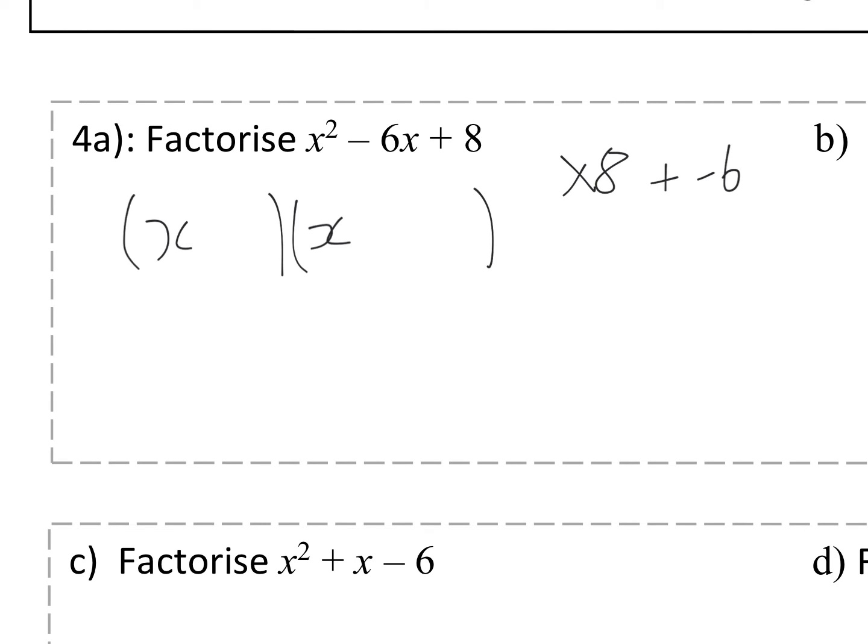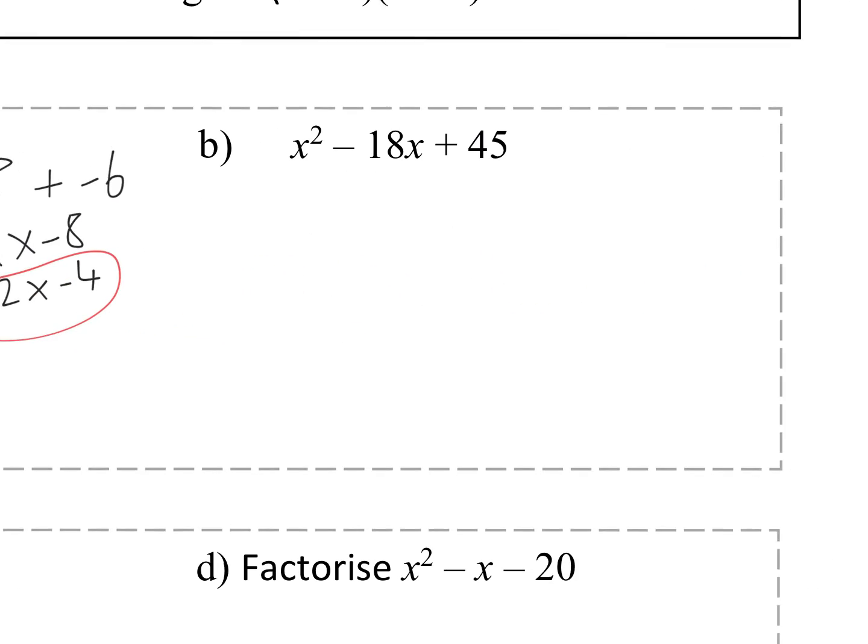So I know that if the multiplication has to be positive, but the answer when you add them has to be negative, it has to be two negative numbers. So minus 1 times minus 8, or minus 2 times minus 4. And it's the second one that adds to give minus 6. So minus 2 and minus 4.